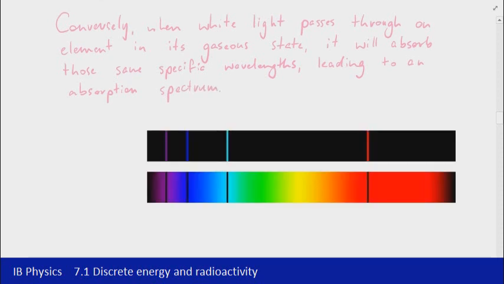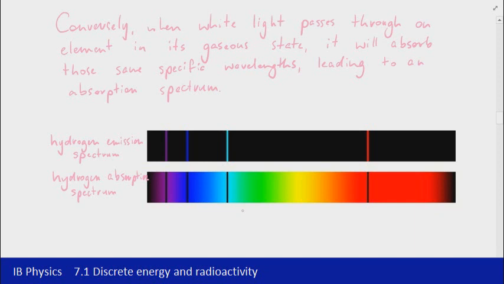We can see there we've got the hydrogen emission spectrum on the top, and the emission spectrum is basically a dark background with the specific wavelengths that are emitted, whereas for the hydrogen absorption spectrum we've got a rainbow background where we can see all of the colours of the light that are travelling through and that aren't interacting with the hydrogen at all, and then we get these dark bands, these four here, where those wavelengths of light are being absorbed by the hydrogen.